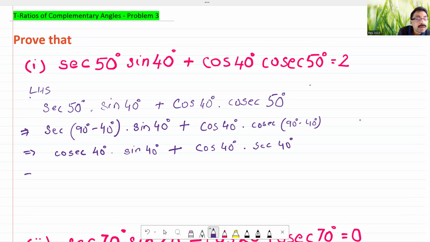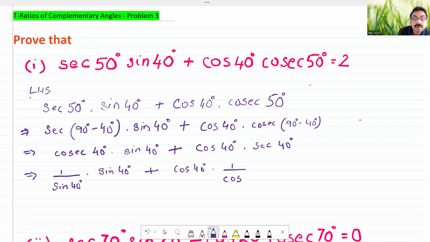Now what is cosec? Isn't cosec the inverse of sine, the reciprocal? So instead of cosec 40, can't I write it as 1 by sine 40 degrees? That into this sine 40, which is already there, plus cos 40 remains as it is, into, what is sec 40? Sec is the inverse of cos.